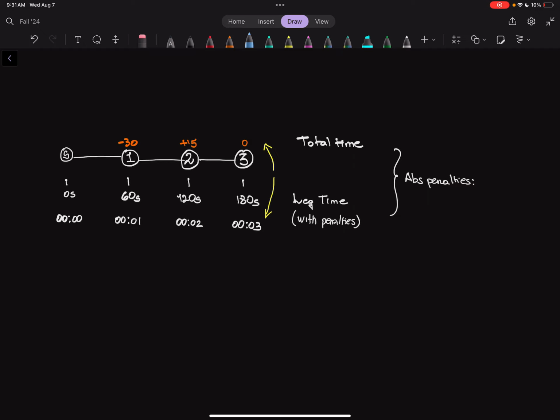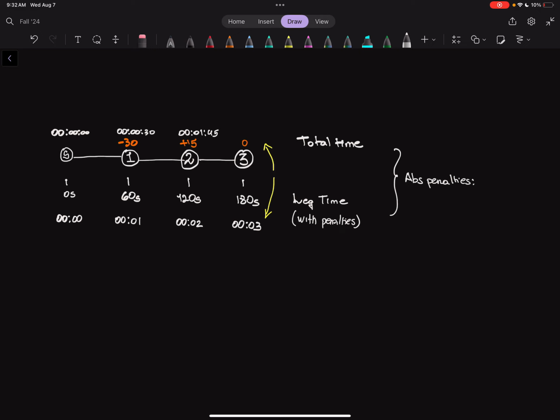Right, so let's do the clock real quick. So we start at 0, 0, 0, 0, 0, 0. And then we get here 0, 0, 0, 0, 30, because we're 30 seconds early on a 60-second leg. Then we're 15 seconds early. So that means we get here at 0, 0, 0, 1, 45 seconds, right?